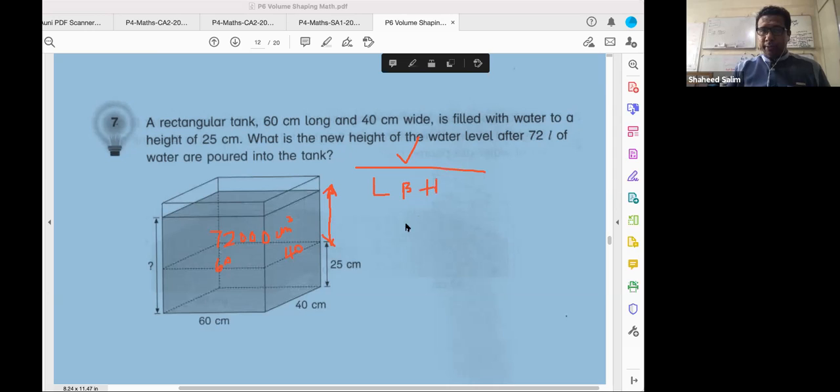You want to find the height. Just put in the values, you will get the height. What is the height, Zahin? Yes, well done. So just add to the 25. This is 30 plus 25, you get 55. Okay, done deal. All right, we move on to the next one.